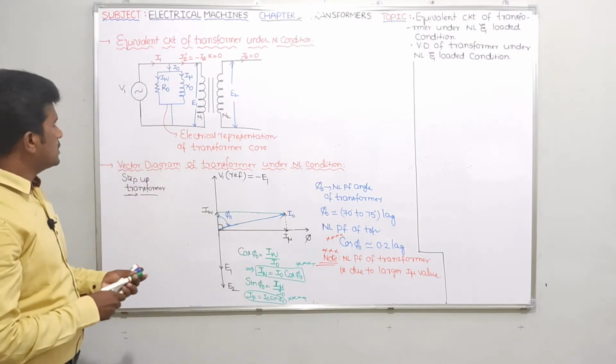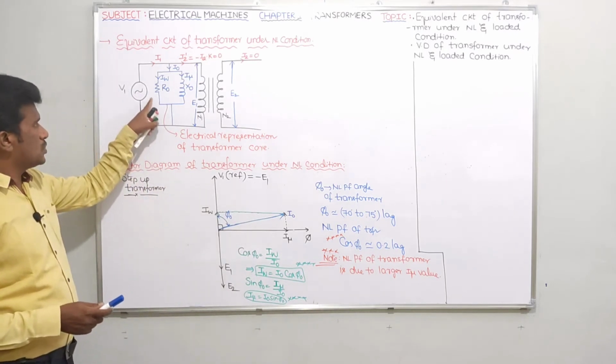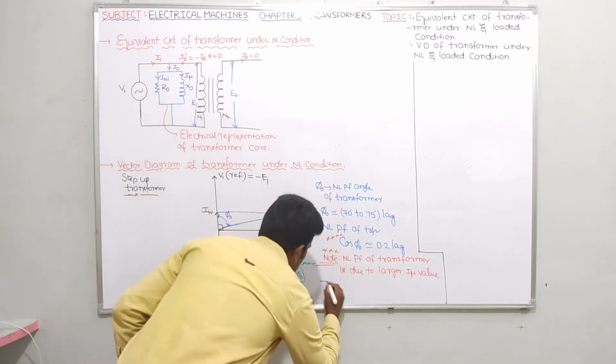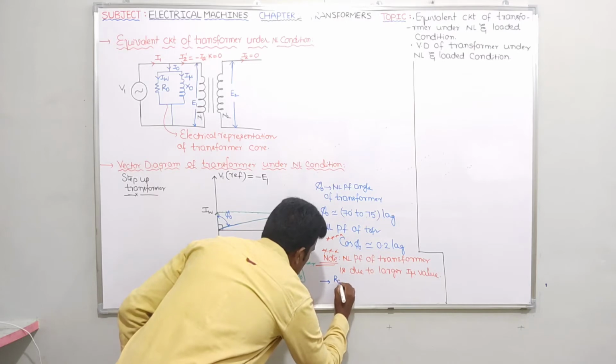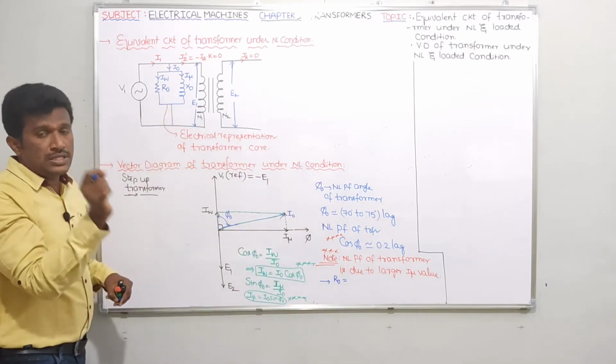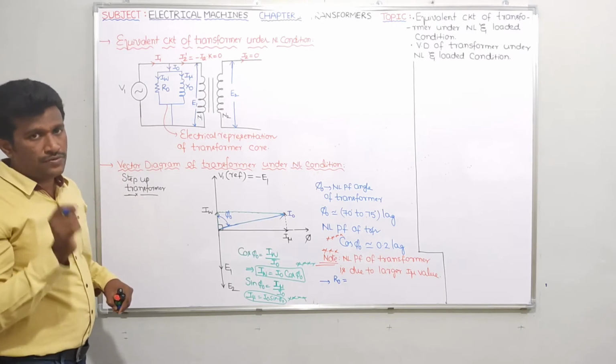Next, from this you can write like this also. What is the formula for R0? This will be useful for us in future. R0 is the core loss resistance of the transformer, as I gave in the nomenclature in the previous video.